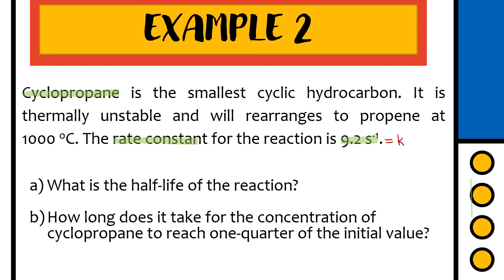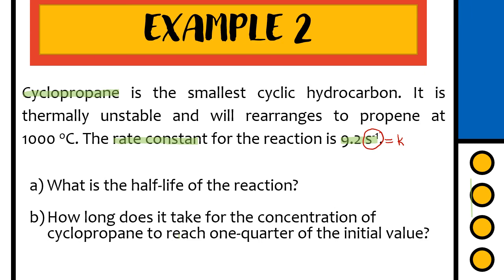The clue here is from the unit of the rate constant. Previously in the earlier part of this video, I already told you the unit for the rate constant will differ depending on the overall order of the reaction. The same goes for zero, first and second order. Each order of reaction will have its own unit of rate constant.